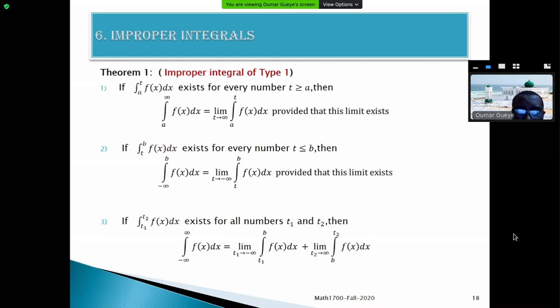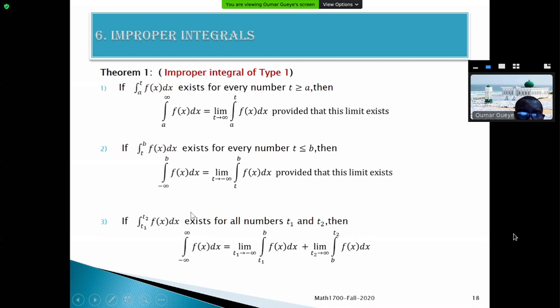And this happens in 3 situations. The first situation is, for example, if we integrate from a number a to positive infinity, or if we integrate from negative infinity to a number b, or when we integrate from negative infinity to positive infinity.